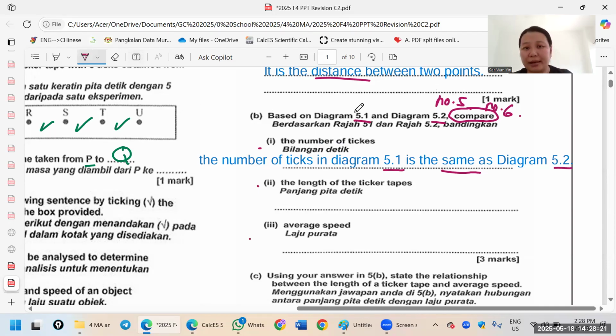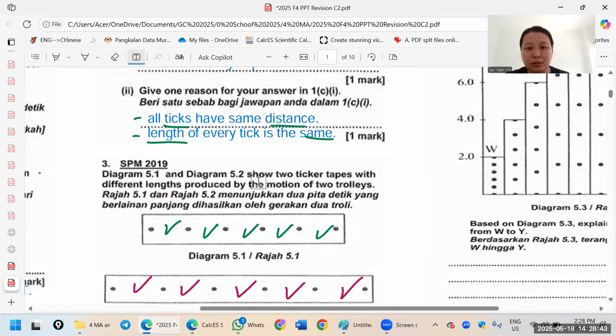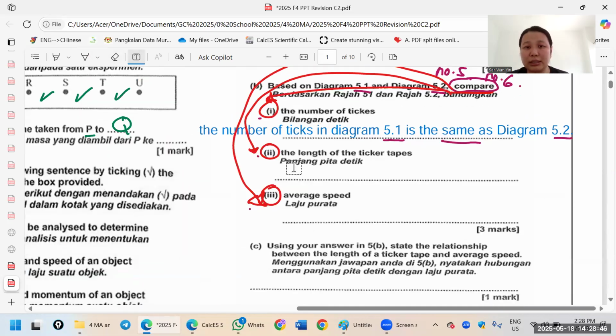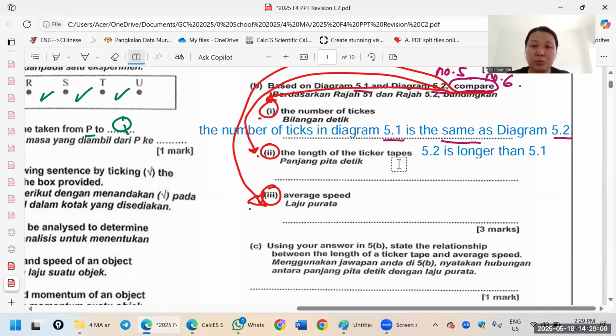Now, compare again. See, the compare is used for Roman letter I, then compare 2, then compare 3. Be careful. Okay, so now we say the length of ticker tapes. Of course, here 5.2 is longer than 5.1. Yeah, I know you always say 5.2 is longer than 5.1. Can, no problem.